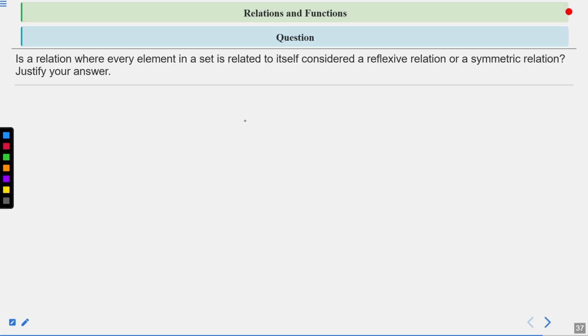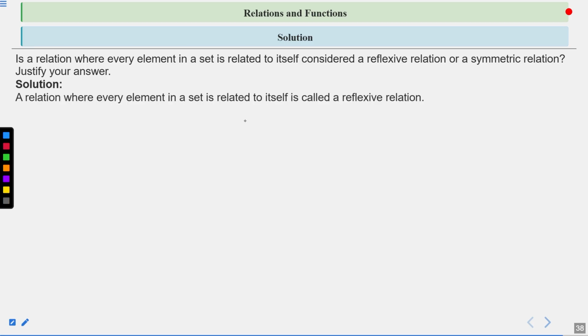Another question: is a relation where every element in a set is related to itself considered a reflexive relation or a symmetric relation? Justify. Solution, very simple question, straightforward. A relation where every element in a set is related to itself is called a reflexive relation.